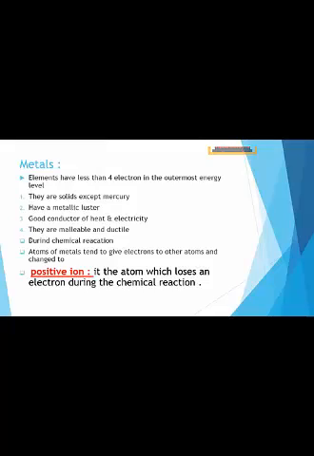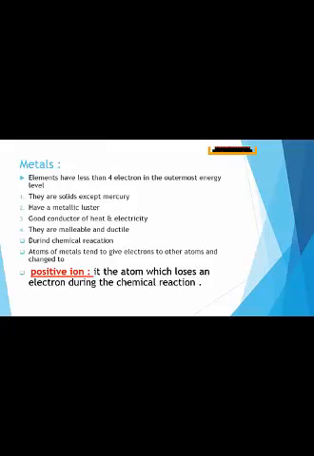During chemical reactions, atoms of metals tend to give electrons to other atoms to be changed into a positive ion. Every metal tends to look like the structure of a noble gas.